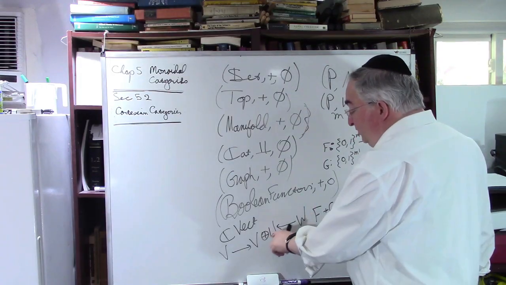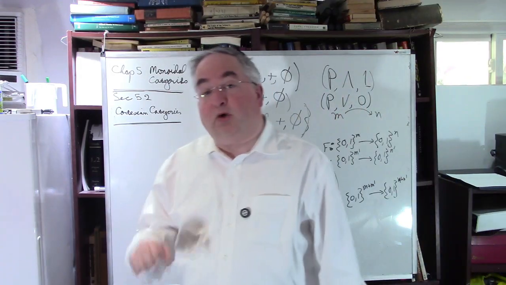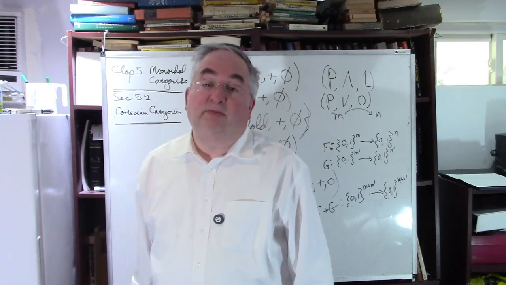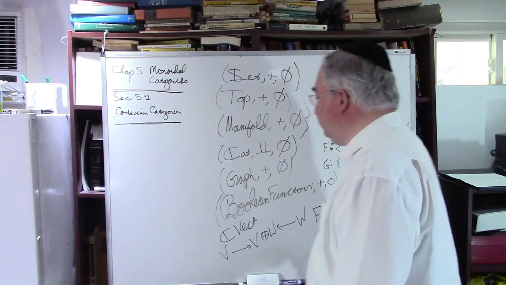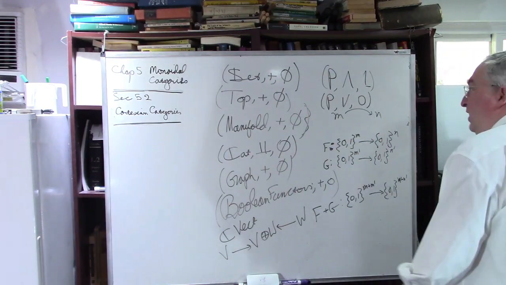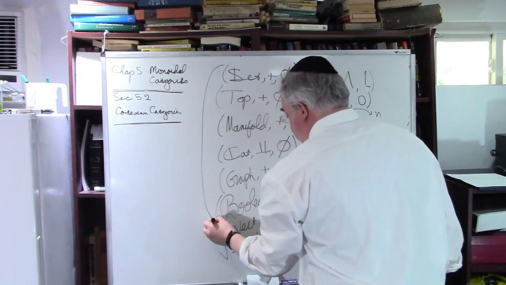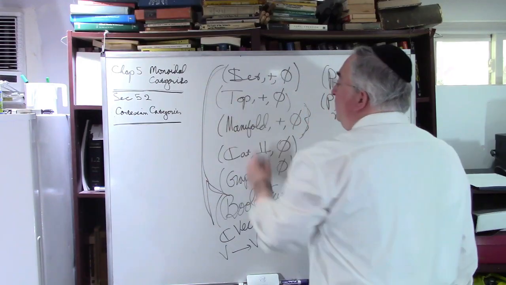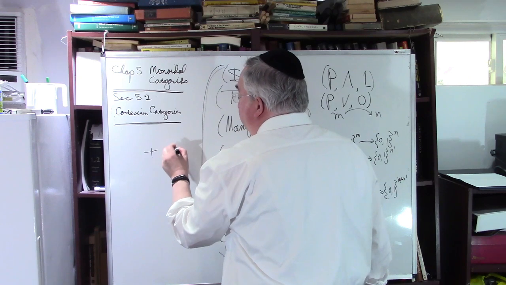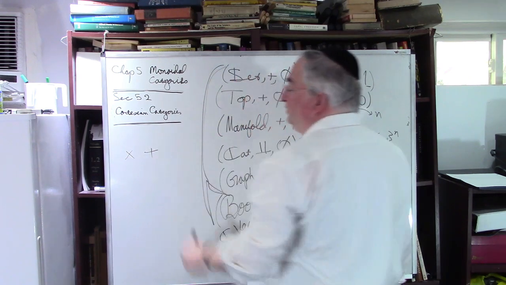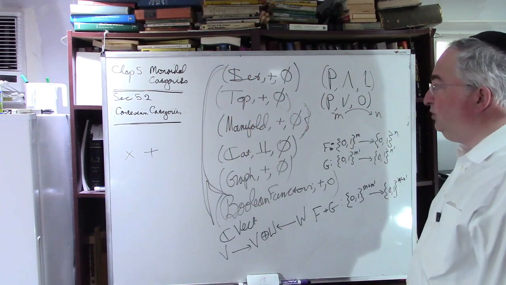So V plus W is not only the product, but it's a coproduct. We're going to see this in several places, abelian groups, et cetera, where the product is equal to the coproduct. Very nice. In all of these cases, there's both a Cartesian product and a Cartesian coproduct.